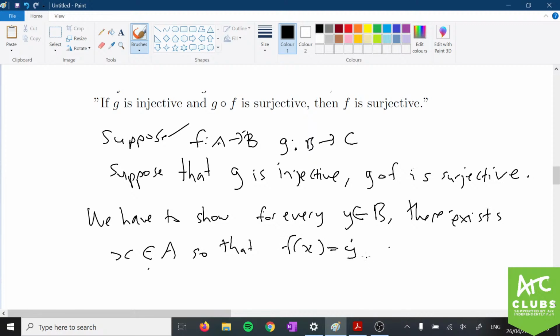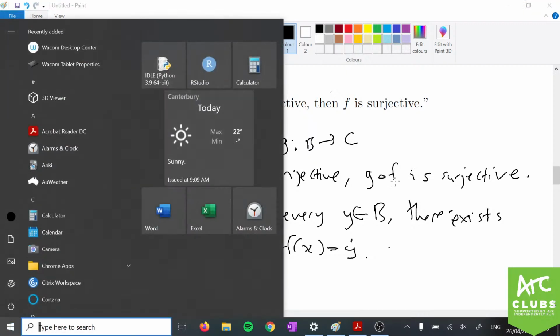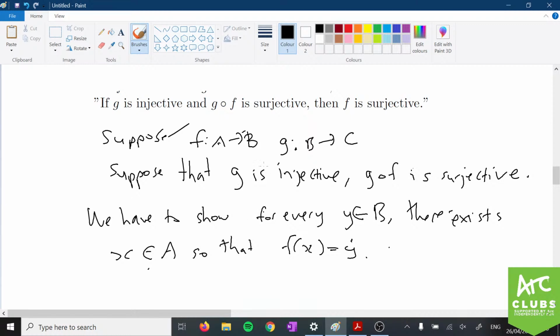This is just a really formal way of saying to prove that f is surjective, we have to show that choosing anything in the codomain is going to be a function value. And okay, so now this is another kind of if-then. It's a for-every statement, you can translate that into if y is in B, then there is an x in A so that f of x equals y.